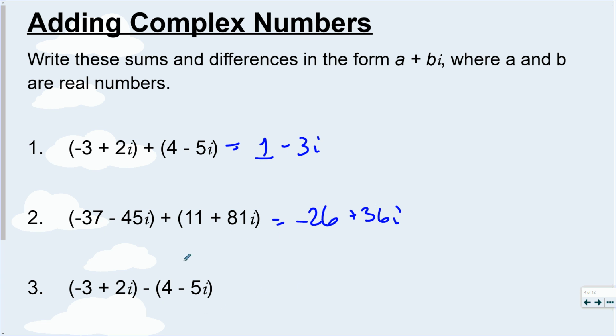Okay, subtraction. Now, when we do this with polynomials, you might remember that sometimes you could distribute the minus sign. Yeah, that all works here. So you can do negative 3 minus 4, and that's negative 7. And then you can do negative 2i plus positive 5i to get 3i.